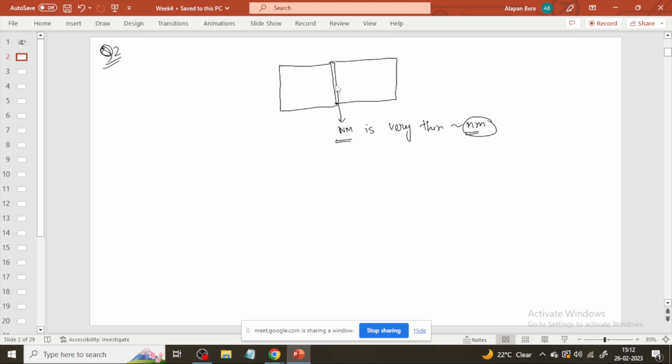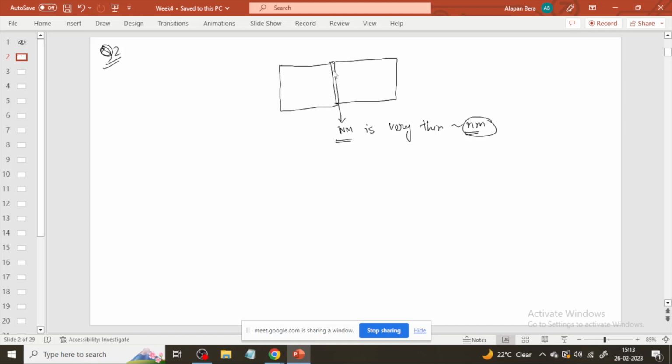Otherwise, if the width of this region is greater than the coherence length of these Cooper pairs, the Cooper pair currents cannot penetrate through this region.